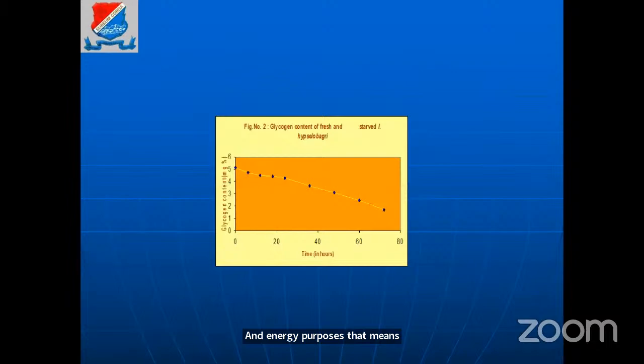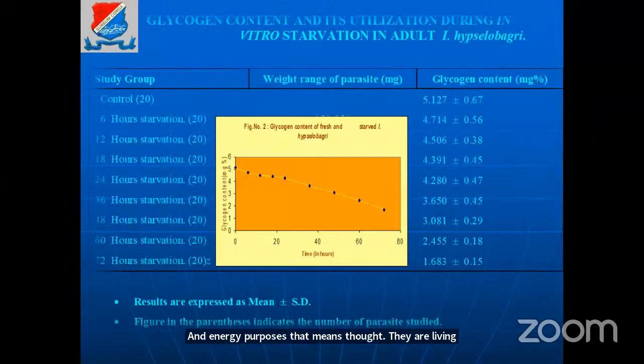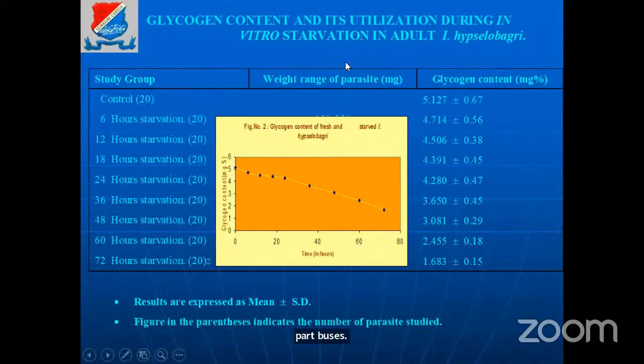Glycogen content: glycogen is the main stored carbohydrate, we already know that. In the fresh parasite, glycogen is 5.127 milligram percentage, which decreases after 6 hours, 12 hours, and up to 72 hours it is reduced to 1.683 milligram percentage, and drastically decreased after near about 24 hours.